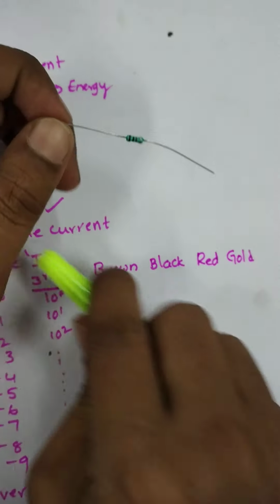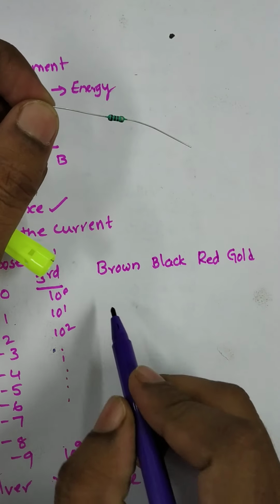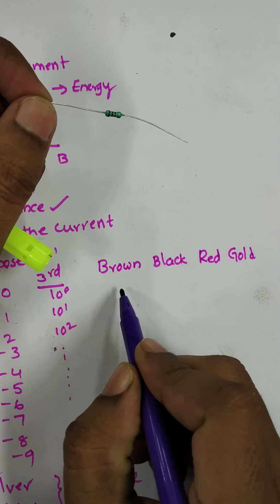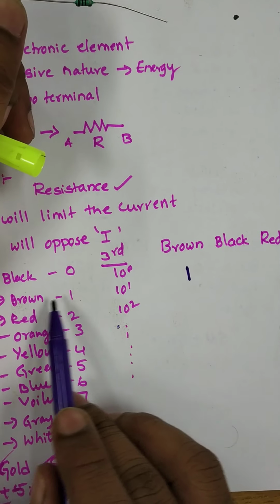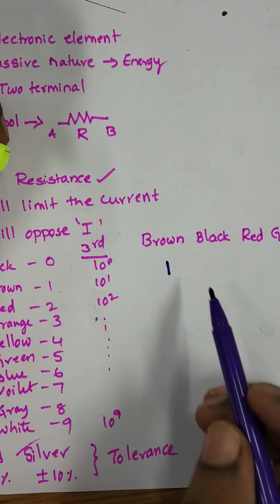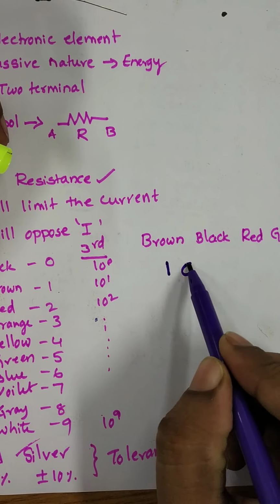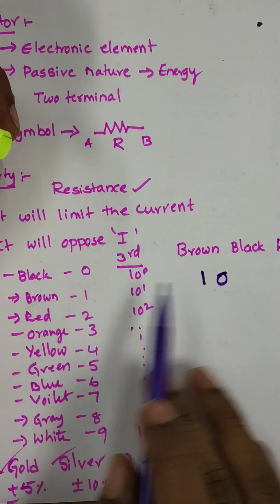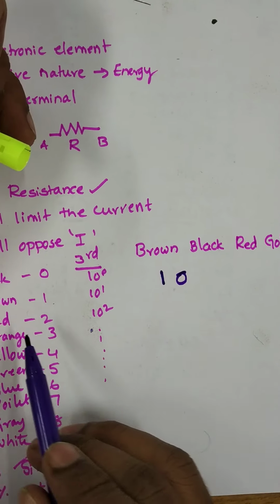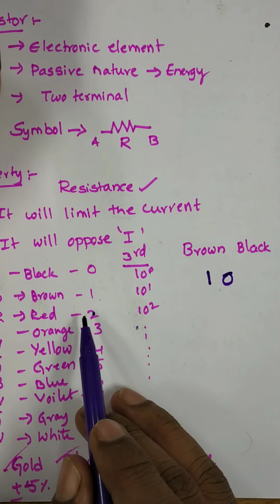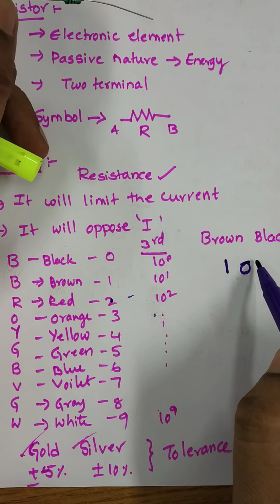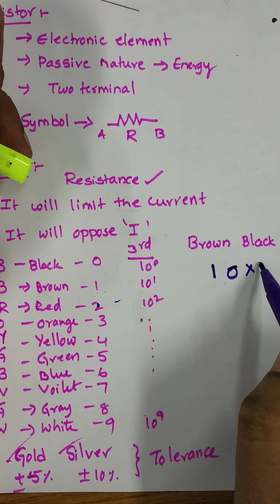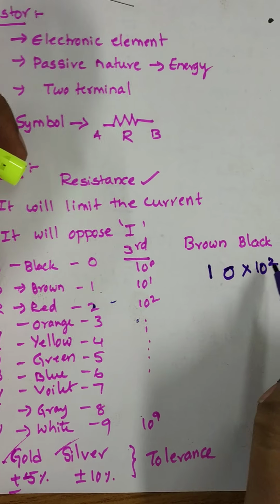How do we calculate the value? Brown is 1, black is 0, and red is 2, as mentioned here. But the third color is taken as a multiplier, that is 10 power 2.